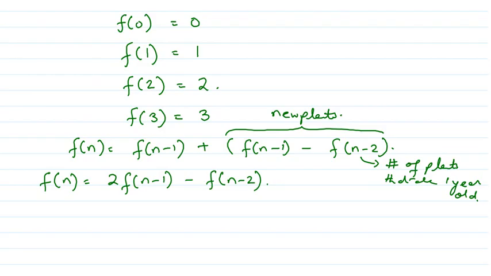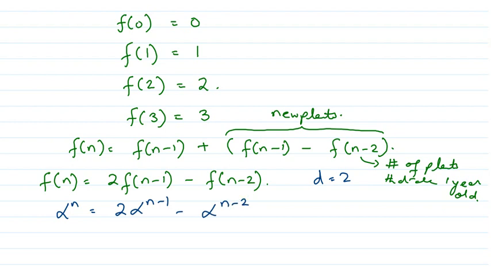So what is the degree of this equation? That is simply 2, because the maximum delay is 2. So we can write the characteristic equation here. This is alpha power n equals 2 alpha power n minus 1 minus alpha power n minus 2.